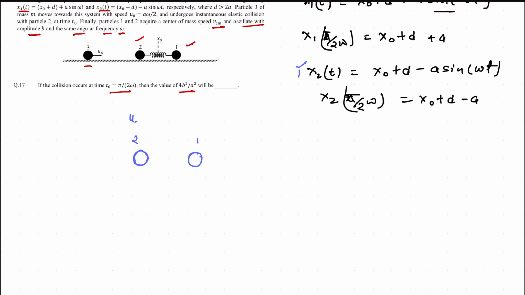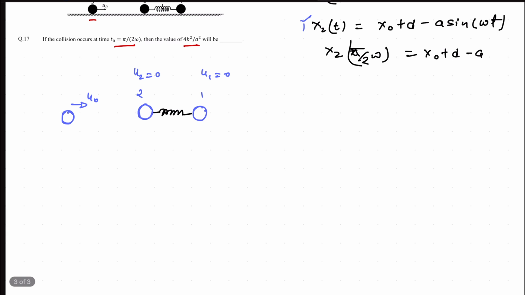Let's call it u2 is 0, u1 is also 0, and this is the third particle which is coming and hitting with u0. Again, we know that the spring force is non-impulsive, so we can apply conservation of momentum just at the point of collision, and we can also apply the equation of restitution.